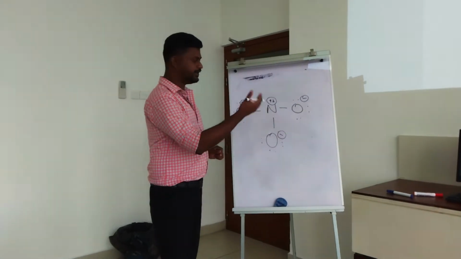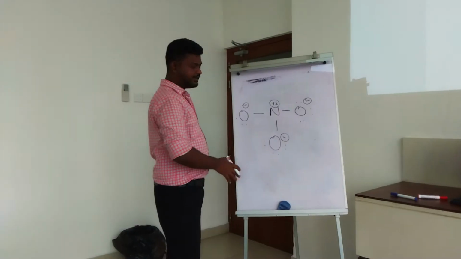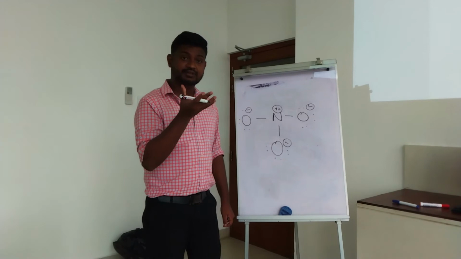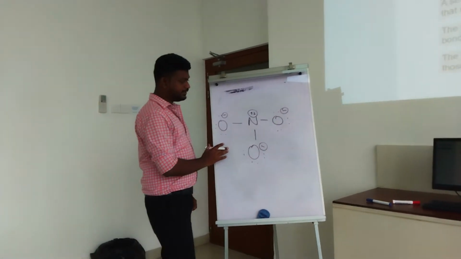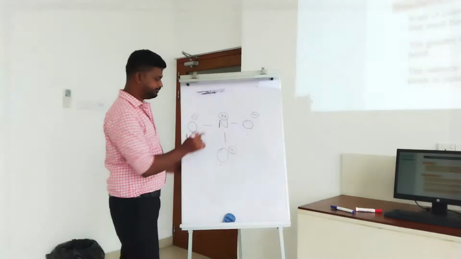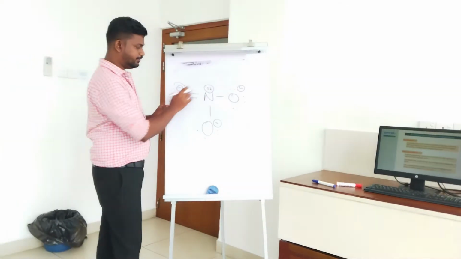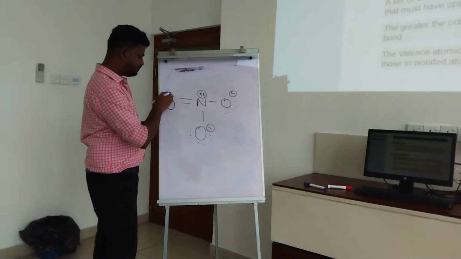They always tend to stabilize the structure. The formal charges are distributed between the atoms, but the stability is still not achieved. So these two form a double bond between these two charges. So they make the double bond.